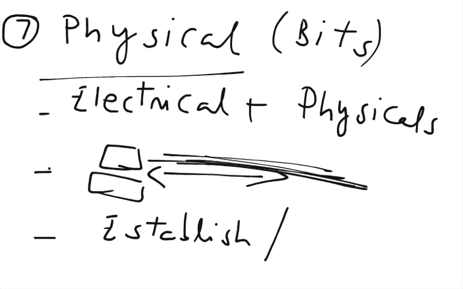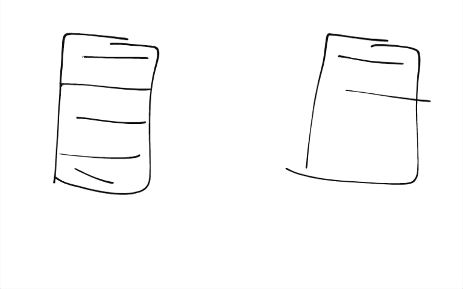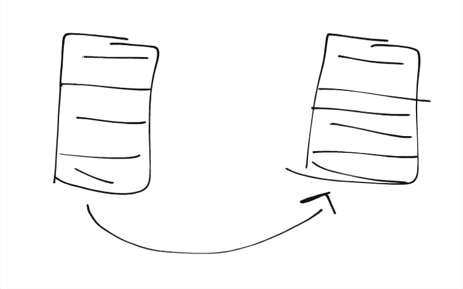So we have got 7 layers in our OSI model, and those layers work at the source and at the remote computers. If we are using an application, then that application gives the data to the application layer.